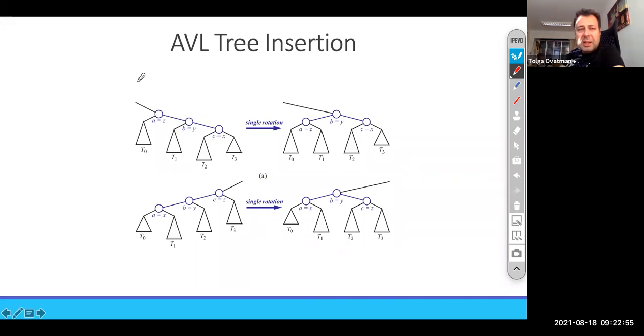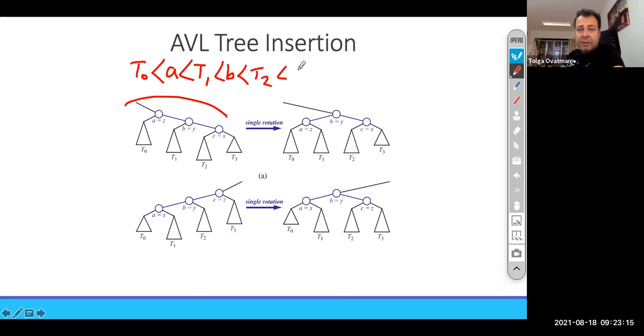So in other words, we can say something like this. If you consider this, you have T0, all the elements are smaller than A, and then T1, all the elements are greater than A but smaller than B, and then T2, all the elements are larger than B, and then C, because C is larger than T2, and then T3. You can write something like this from this tree.